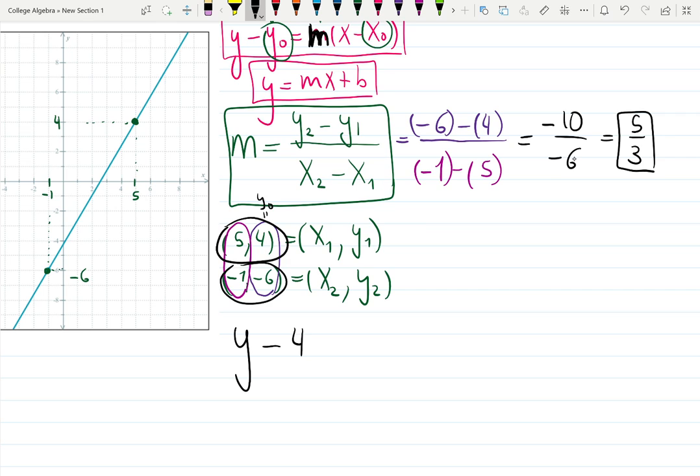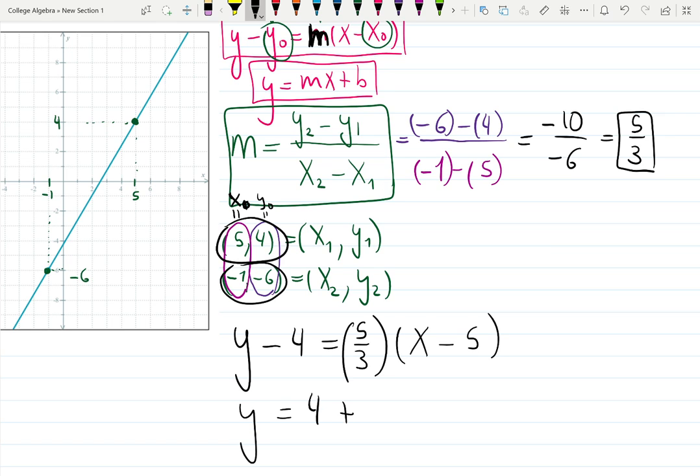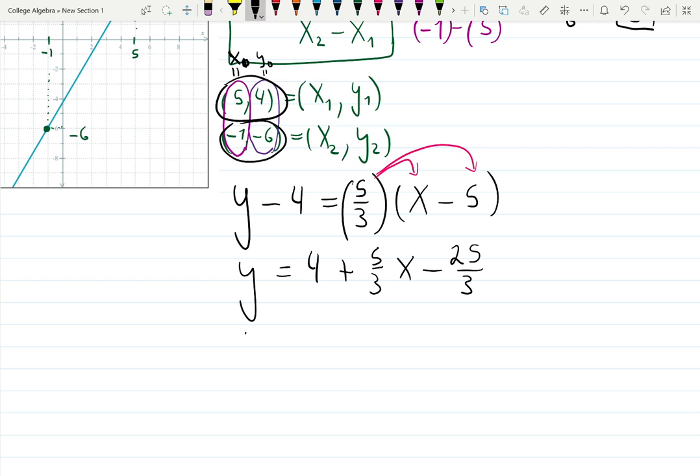So that's y minus 4 equals slope m, that's 5/3, which I just found, times x minus x sub 0, which is 5. Simplify: I'll have 4 plus, distribute 5/3 x minus 5 times 5/3, 25/3. The final answer is y equals 5/3 x, where 5/3 represents the slope, and then 4 minus 25/3.